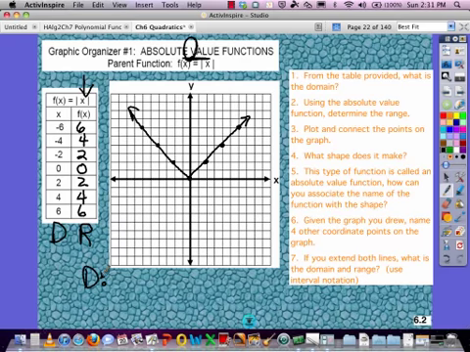Well, they can be positive, negative, fractions, or whole numbers. I think most people would say it goes from negative infinity all the way up to positive infinity.